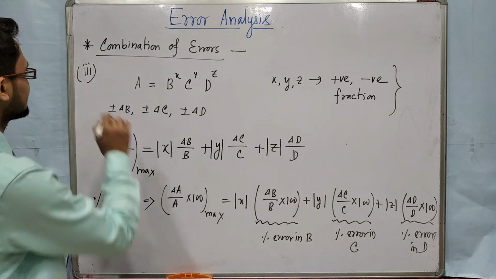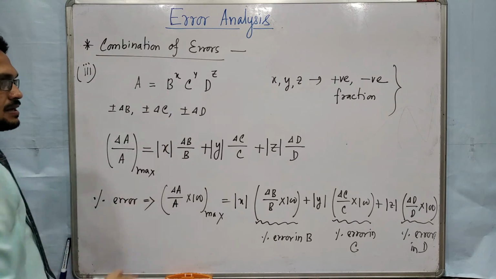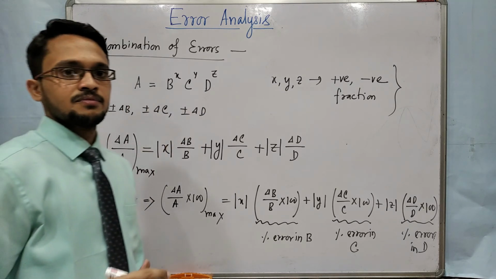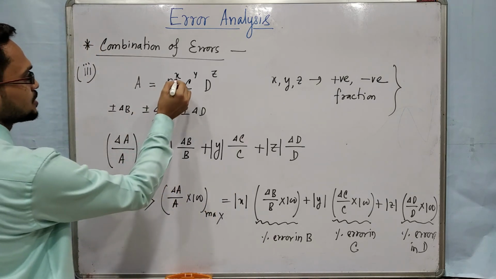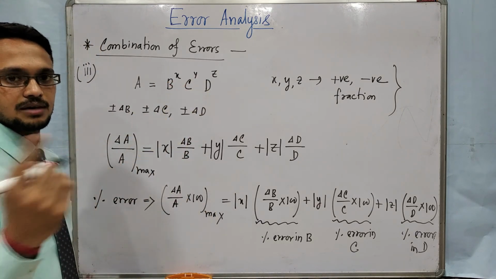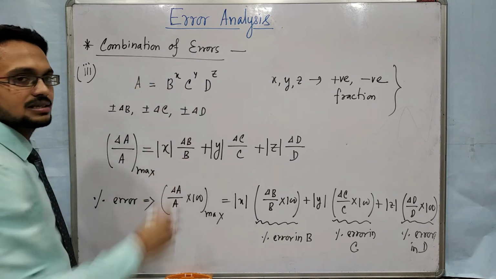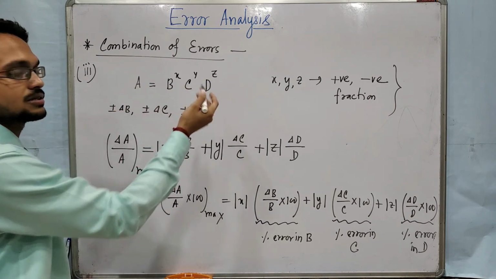Now you will understand that this third type gives the second type. The second type is a special case. If we put x, y, z as 1, 1, 1, then it is a multiplication type, simply a equal to b into c into d.